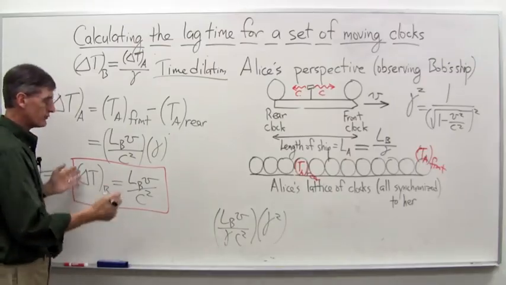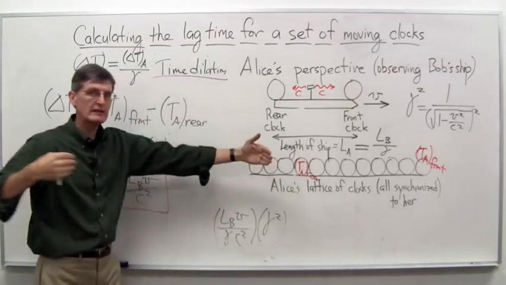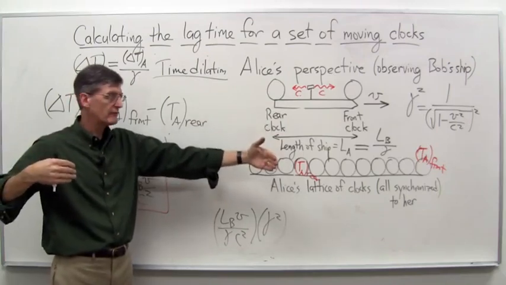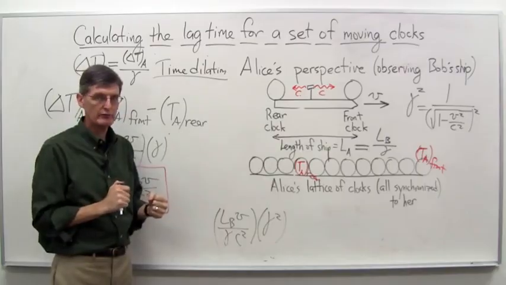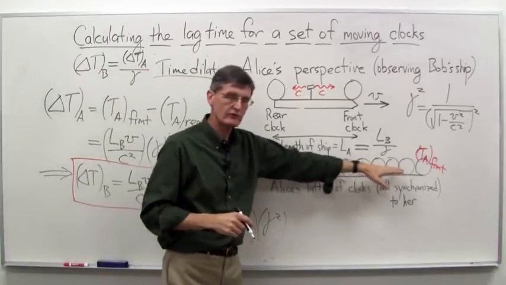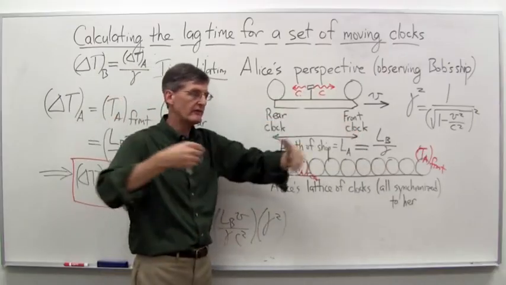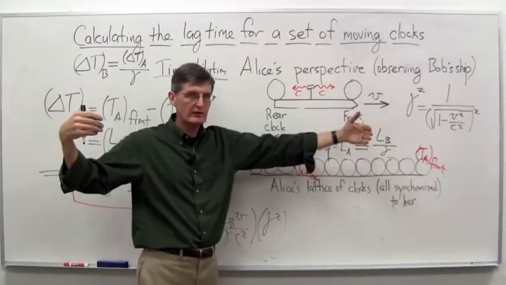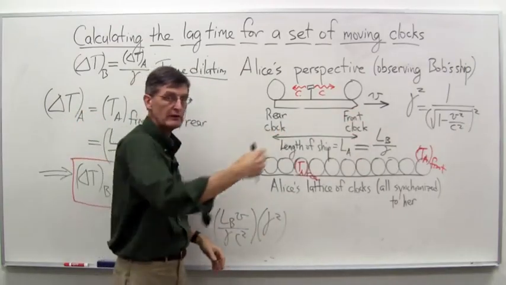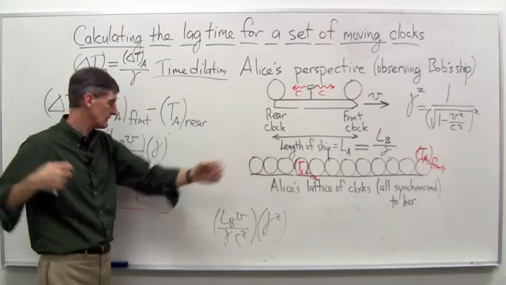Here we're just using the length of Bob's ship, but this is true for any distance where we have something in Bob's frame of reference and are converting it into Alice's perspective. So if Bob has a whole lattice of synchronized clocks moving along, then for any two clocks on that huge measuring stick, when Alice is looking at those clocks as they go by at speed v, she will say, give me any two of those clocks on that line.